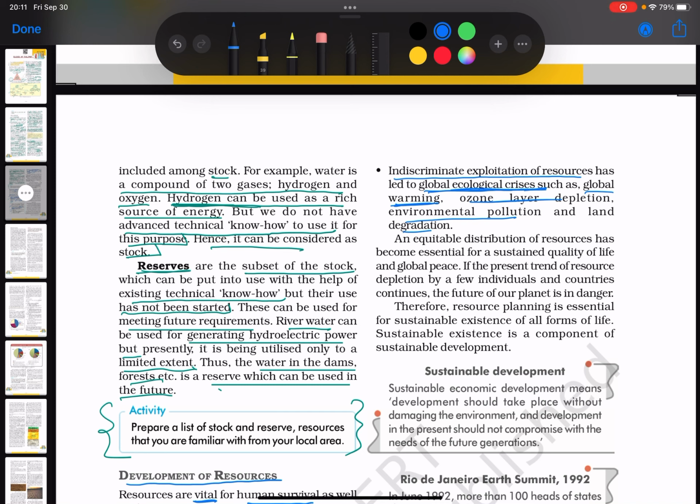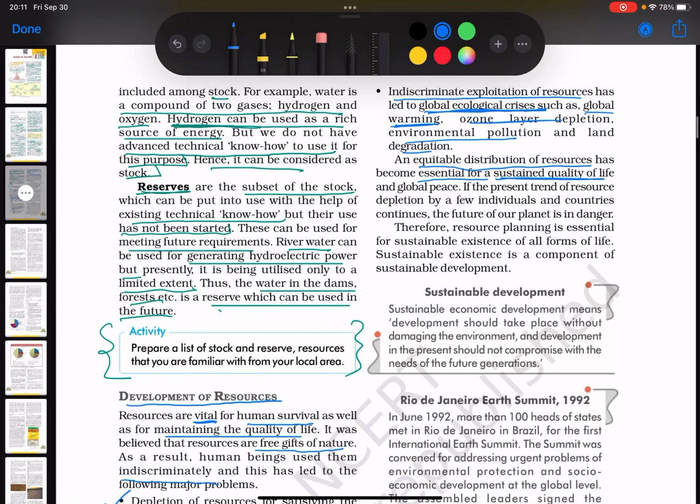It's not just about one particular country or one particular region where resources are used indiscriminately. So, an equitable distribution of resources is becoming essential for a sustained quality of life, right? Sustained is the key word. We need to be able to sustain a good quality of life, not just for this generation, but for future generations as well.